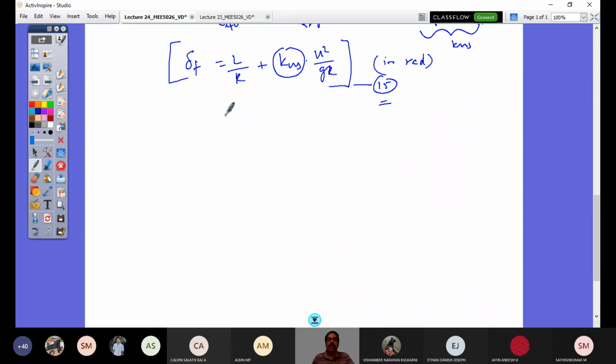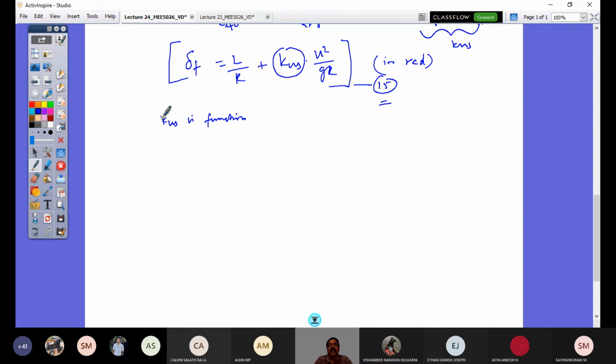So what does this K US depend on? You have seen K US is W F by C alpha F minus W R by C alpha R. So what are W F and W R? It is the load distribution or weight distribution, and what is there in the denominator? Cornering stiffness.